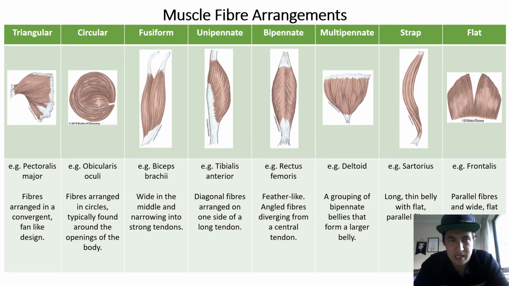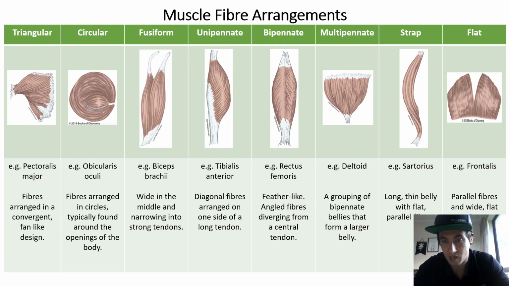And then the word pennation describes the angle of muscle fibers against the tendon. So unipennate means one muscle fiber, one angle, so diagonal fibers arranged on one side of a long tendon. Bipennate means feather-like or angled fibers diverging from a central tendon, so double.